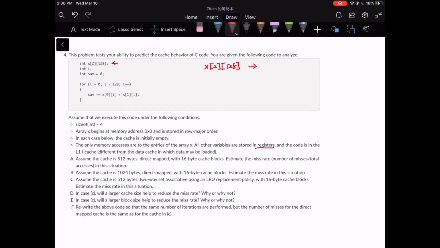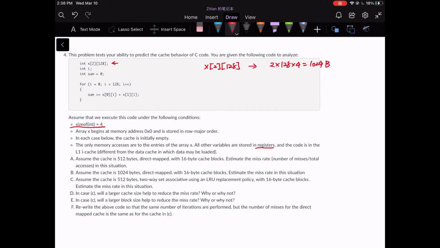So that's in total 2 times 128. And by the way, the size of an integer is equal to 4 bytes. So the total size of the 2-dimensional array X is 1024 bytes.